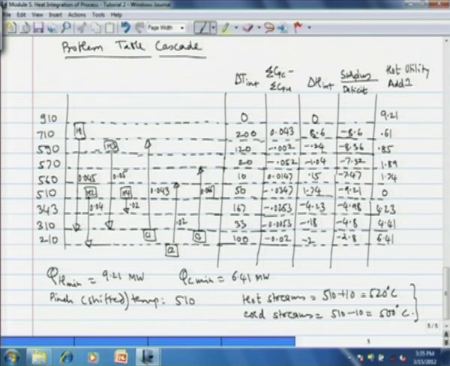Now, with this information, we have answered the first bit of the problem, that is development of the problem table cascade and determination of QH min and QC min. Now, we go to the second bit of the problem, that is development of the heat exchanger network using the maximum energy recovery principle.